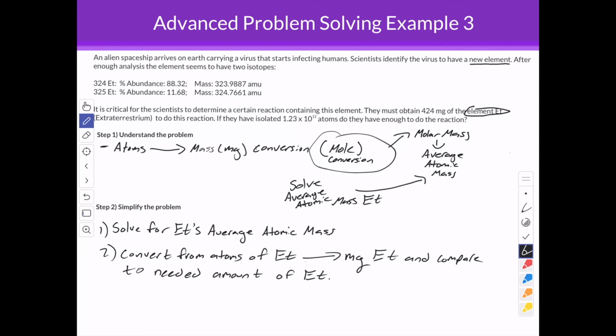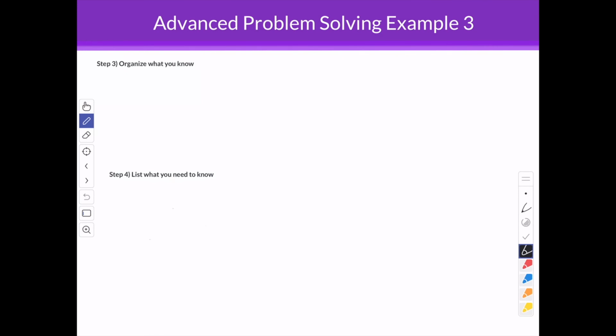All right. So, let's move to our next step and list what we know. Organize what we know. So, we know our isotopic data for ET. Sometimes it's helpful to just move it over, and it just depends on how you're writing it out on your page.